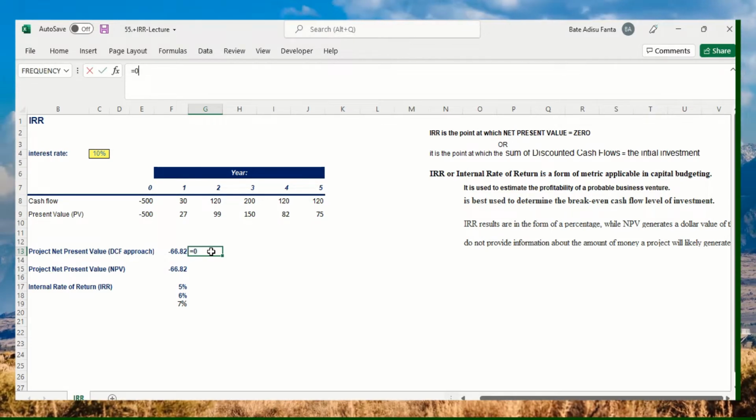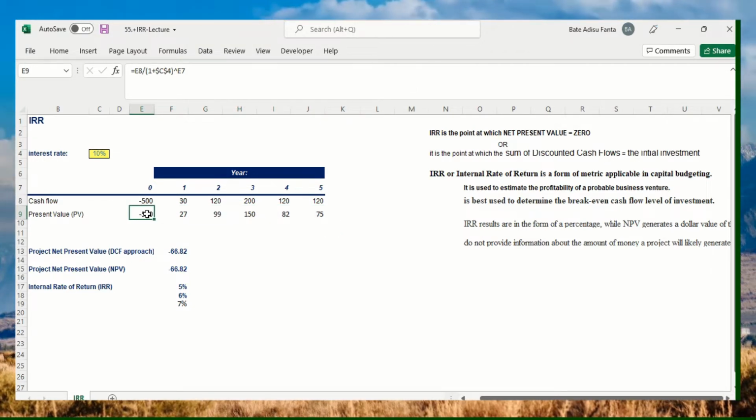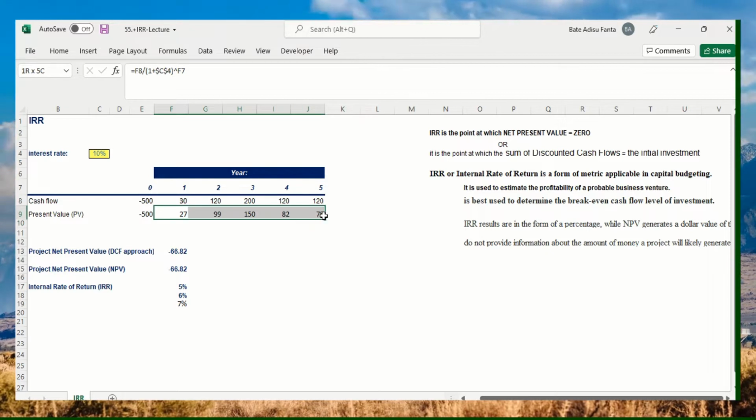That's the point that we are looking to calculate. It is the point at which the sum of discounted cash flows, the one we calculate here, is equal to the initial investment.